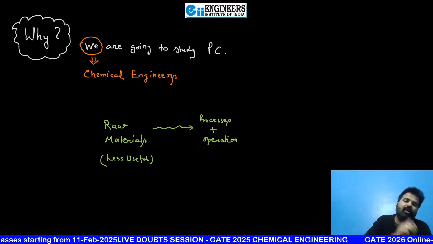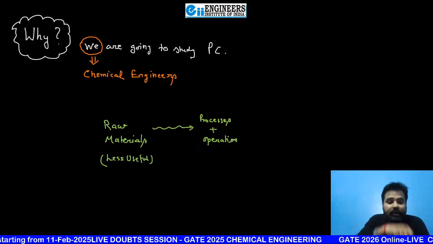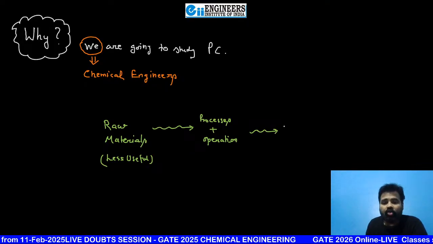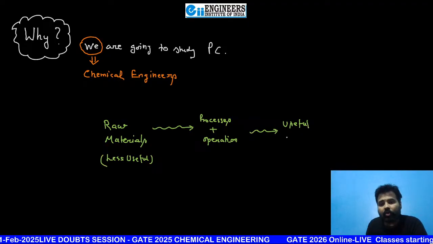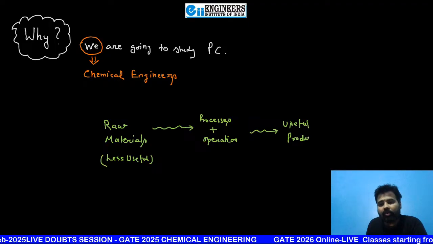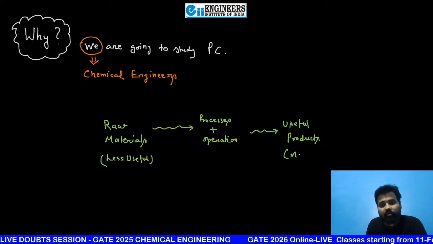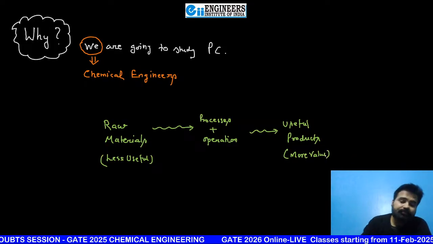Unit processes means chemical changes. Unit operations means some physical changes. And after doing all these, you want to obtain useful products with more value.